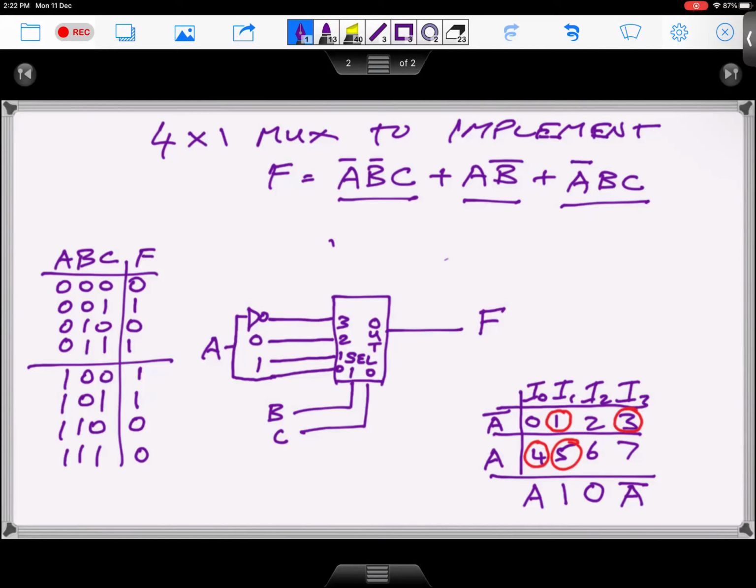So let's go on now to the third question.